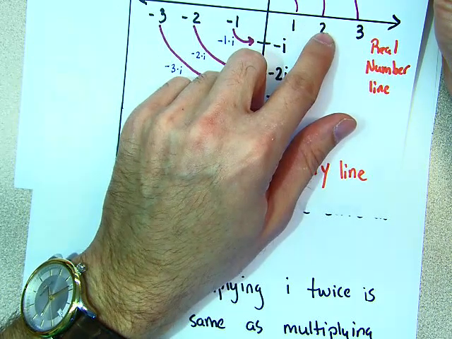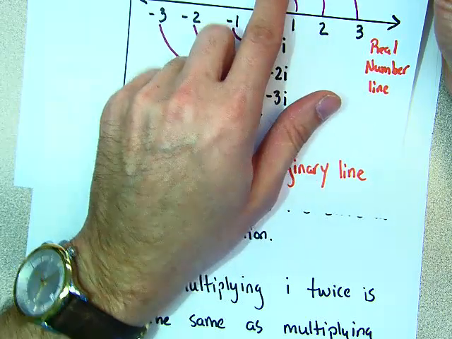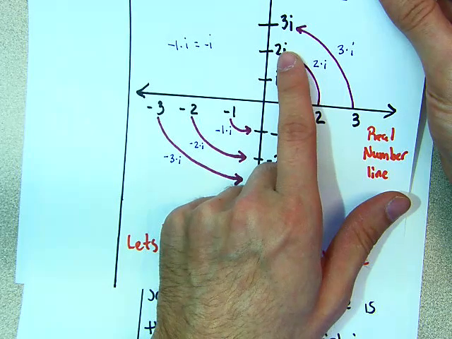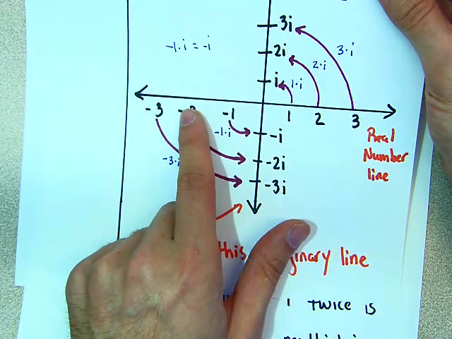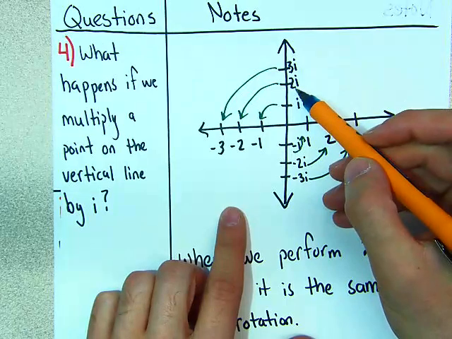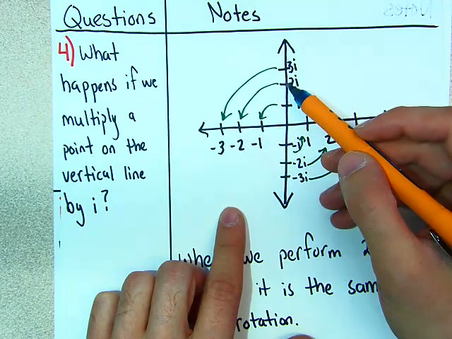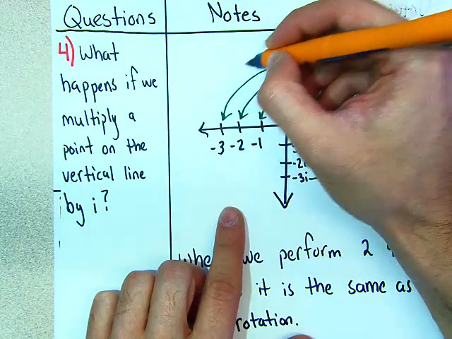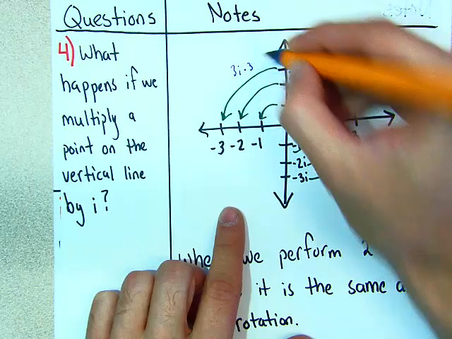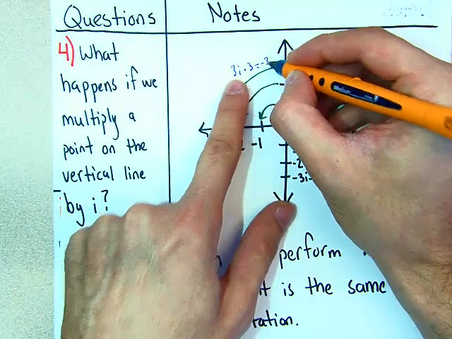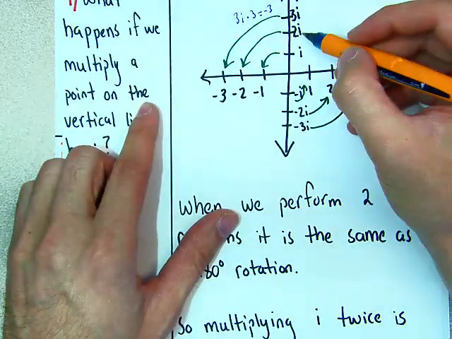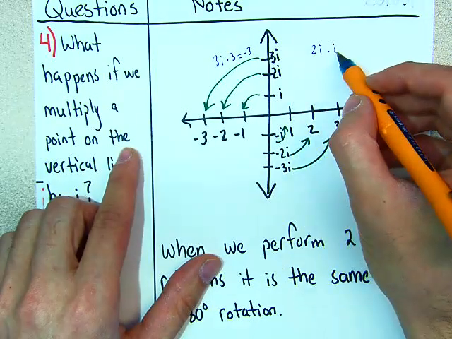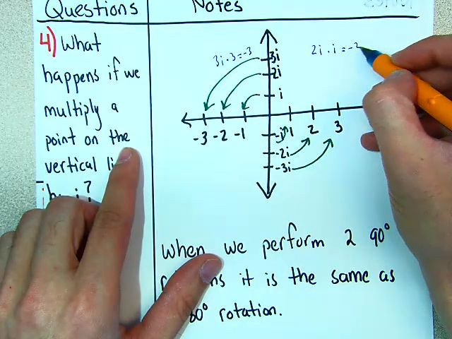So 1 goes to i, 2 goes to 2i. But what if you want to go from 2i to negative 2? You just multiply 2i by i, and you get back to negative 2. 3i times i is equal to negative 3. It brings you to negative 3.